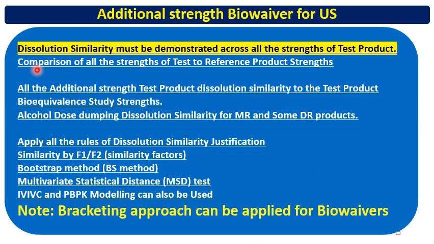Now coming to the dissolution requirement. Dissolution similarity must be demonstrated across all the strengths for test product, and the similarity rules should be applied with justification. Dissolution similarity can be proven by F1, F2 similarity factors, bootstrapping method, multivariate statistical distance, that is MSD test, and MSD method.